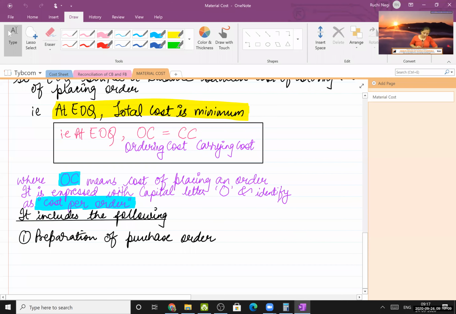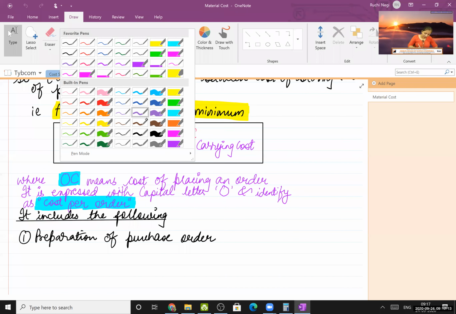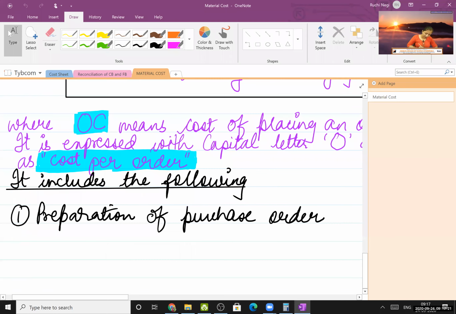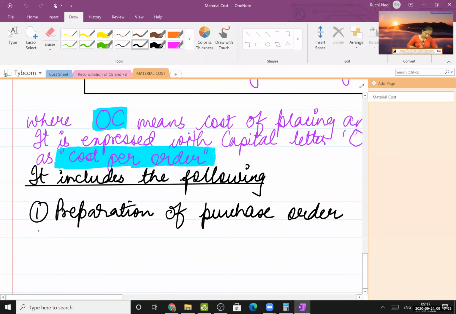So it includes preparation of purchase order, then includes cost of receiving goods. In short, material आपने purchase किया ना, that is cost of placing an order.